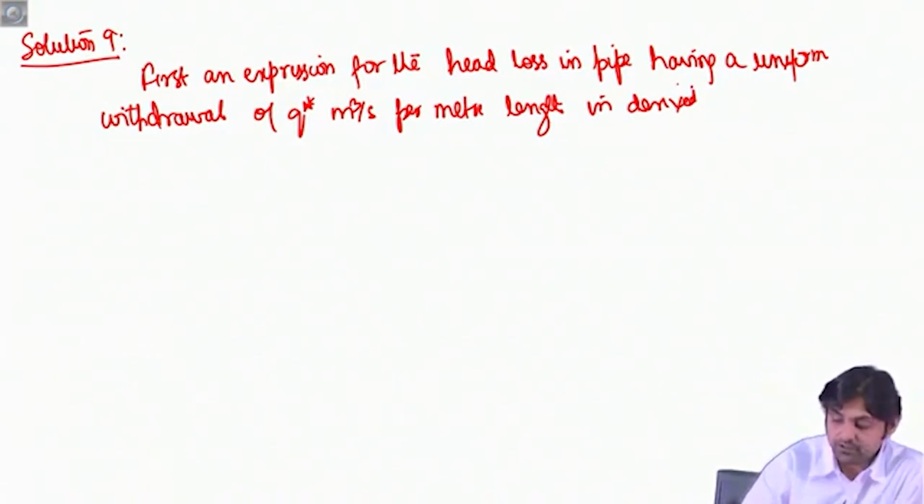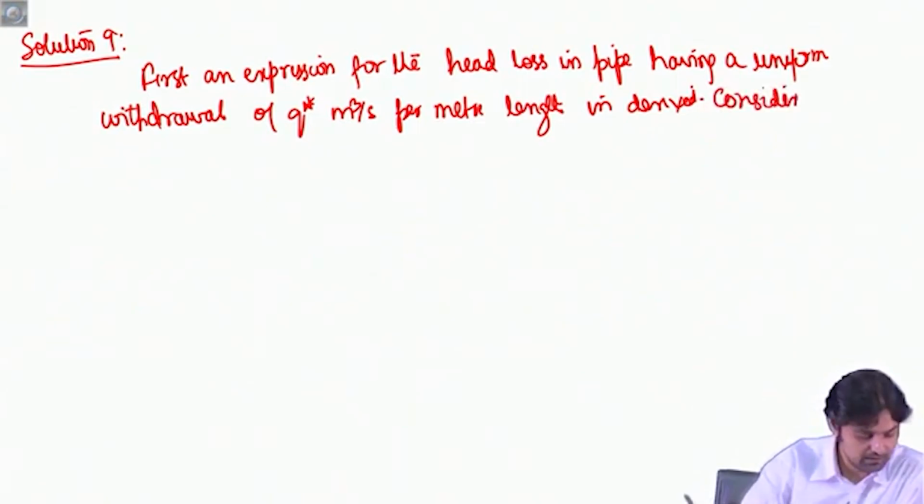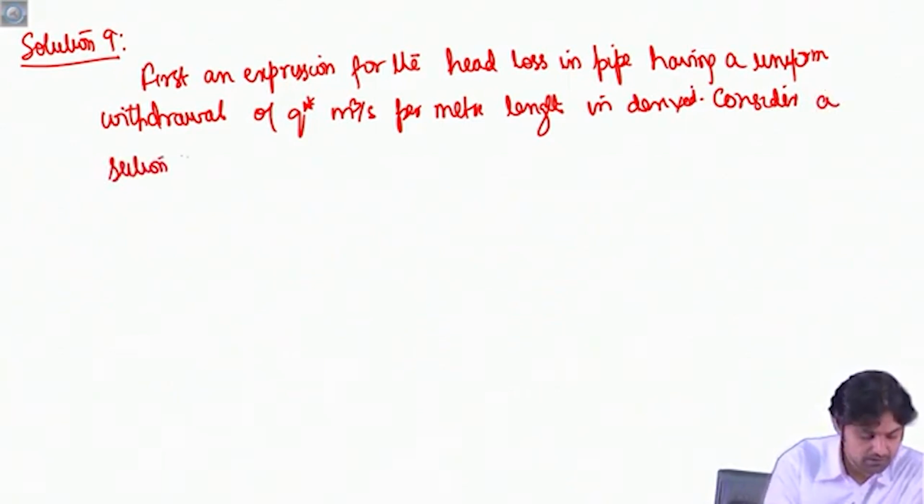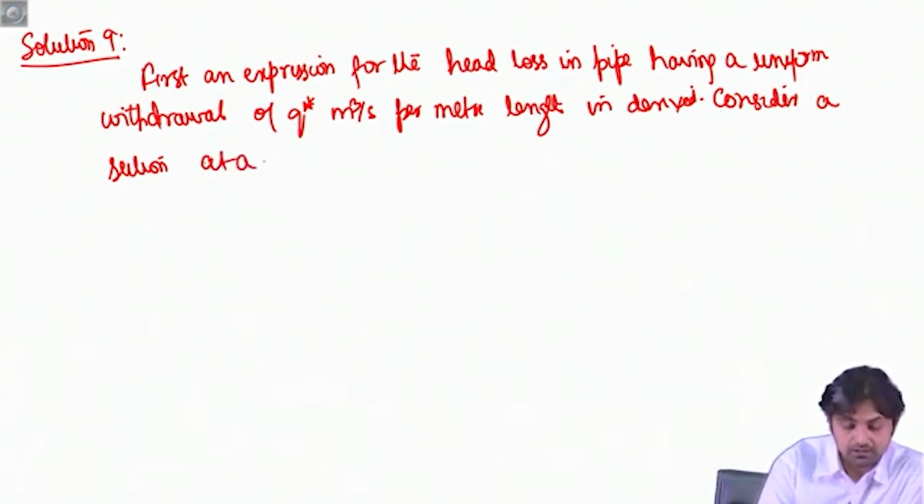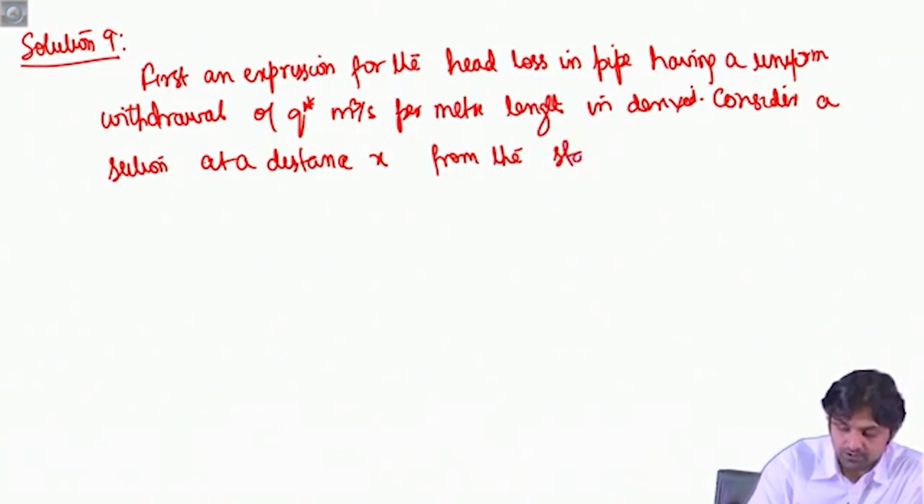All right. So, to be able to do that, we consider a section at a distance x from the start of the uniform withdrawal.